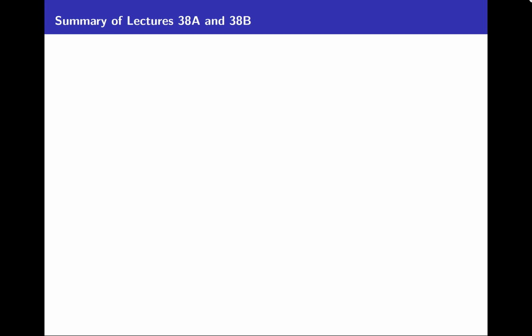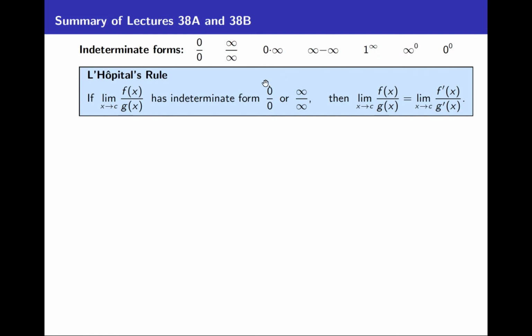That's it for today. We'll close with a summary of what we've learned in lectures 38A and B. We've seen that there are 7 indeterminate forms that limits can take, as listed here. And we've learned about L'Hopital's Rule, a technique that allows us to evaluate limits that have the first 2 indeterminate forms.